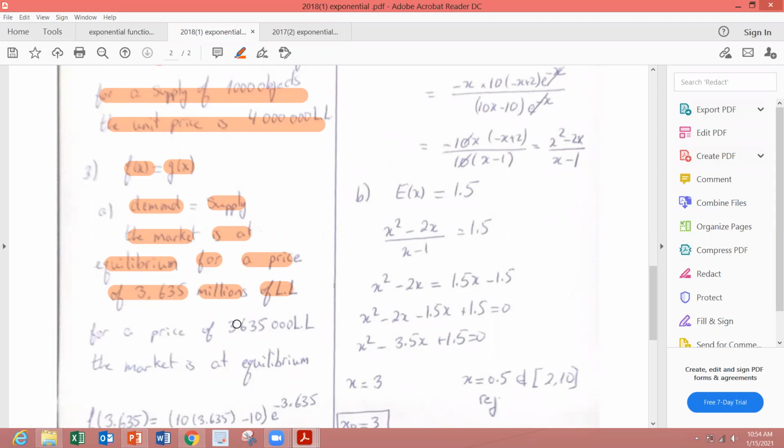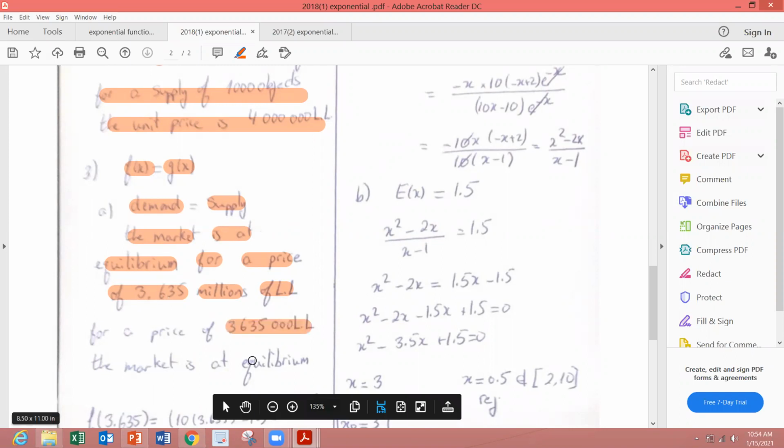Or we can say for a price of 3,635,000 Lebanese lira, the market is at equilibrium. Any questions about this part?